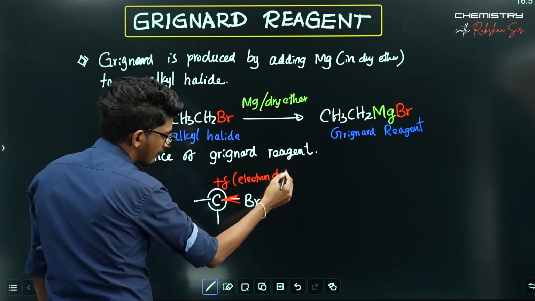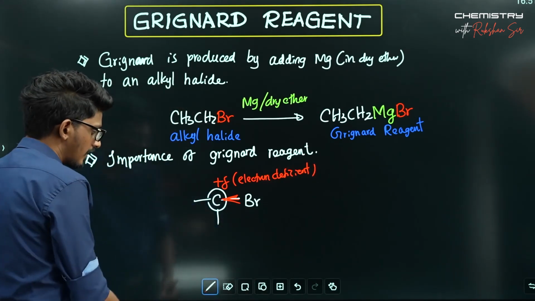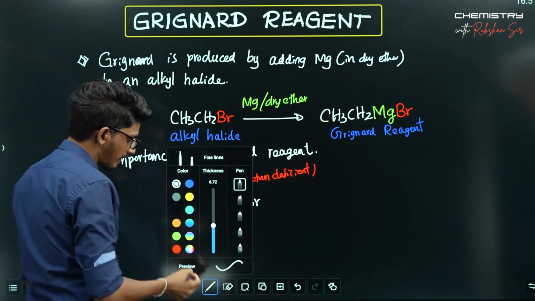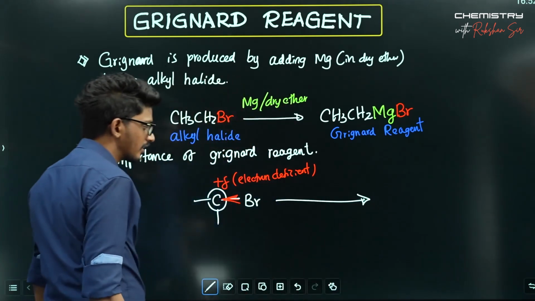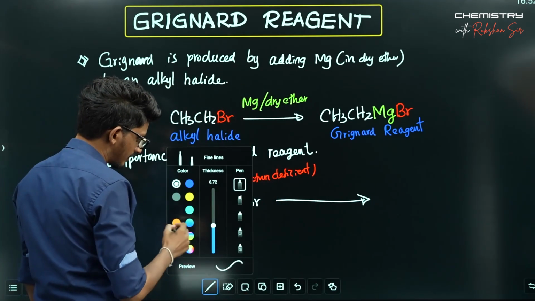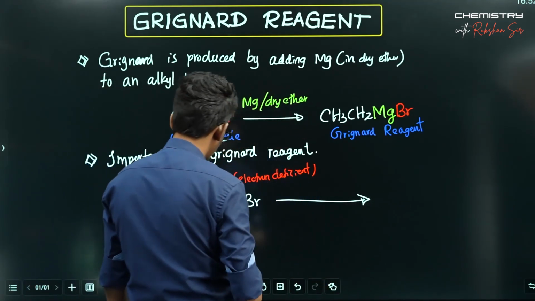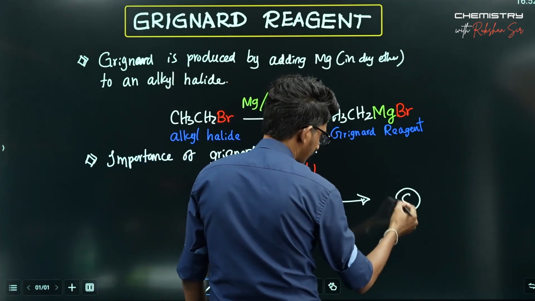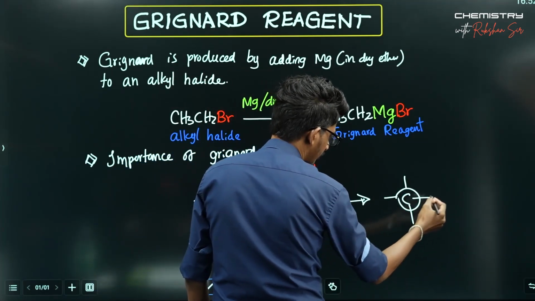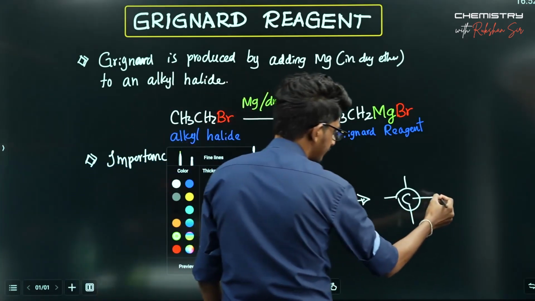But after you convert that alkyl halide to a Grignard, now your carbon looks like this, with the MgBr section.